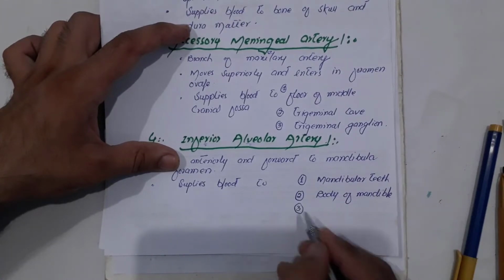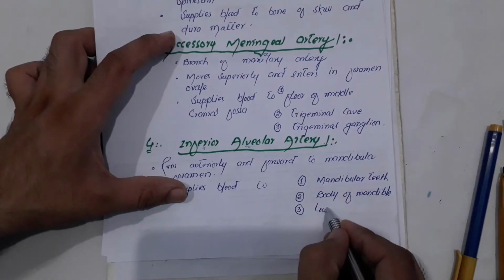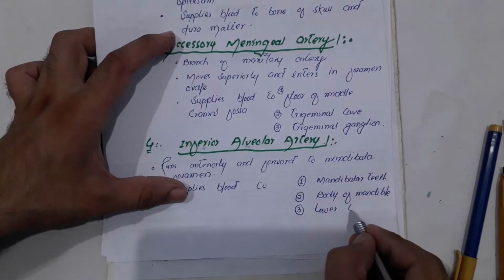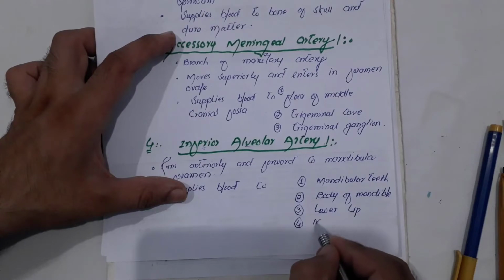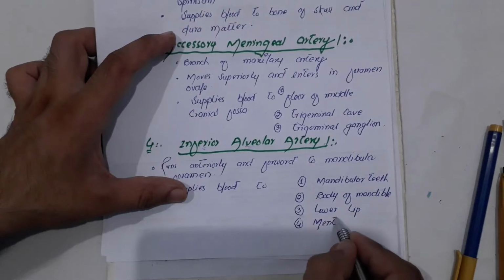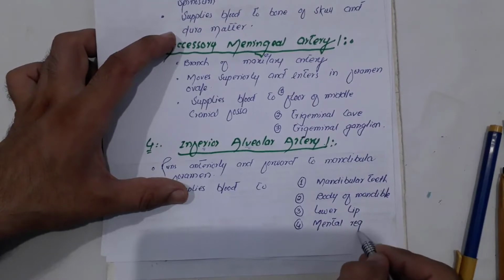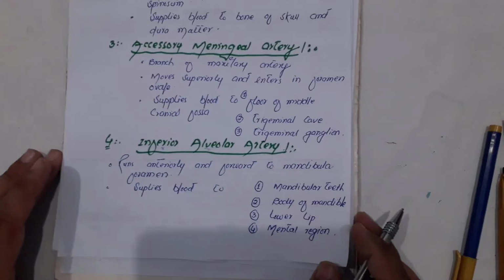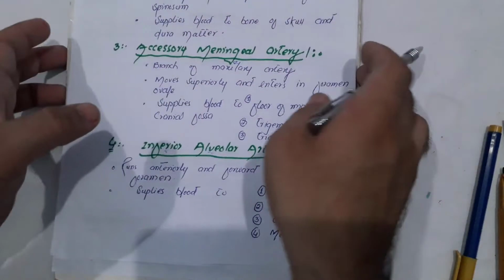Then the third one is the lower lip, a very small branch to lower lip. Number 4, to mental region. Clear, friends? Okay. These are the small branches which this inferior alveolar artery gives.